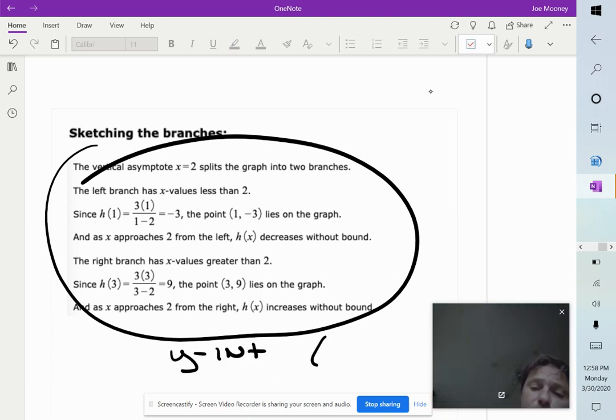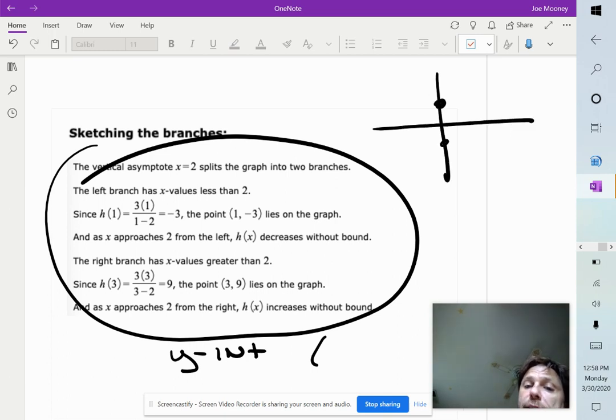The reason you want to find the y-intercept is, what is the x-coordinate of the y-intercept? Well, it's going to be 0. The point is I was illustrating that the x-coordinate will be 0. That will be very easy to find the y height of the y-intercept.